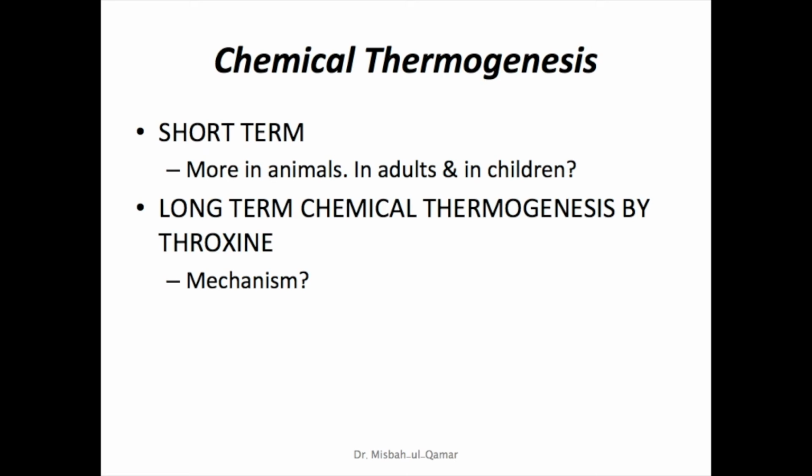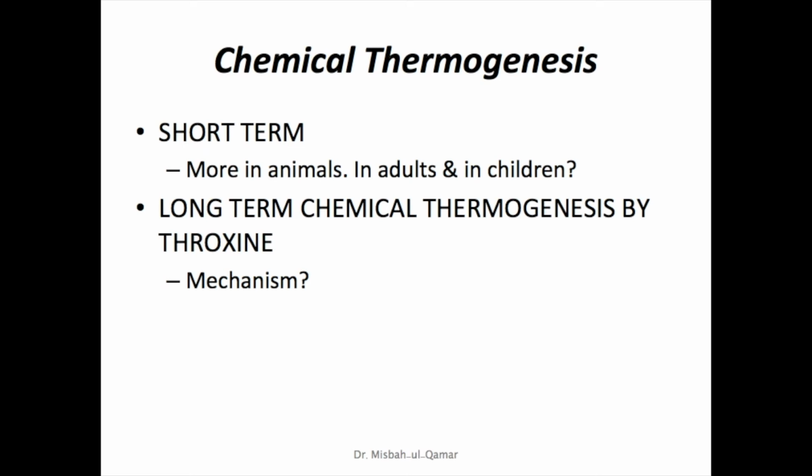But in children, the heat production can increase up to 100%. Here we were talking about the short-term thermogenesis. So the long-term chemical thermogenesis is achieved by thyroxine.